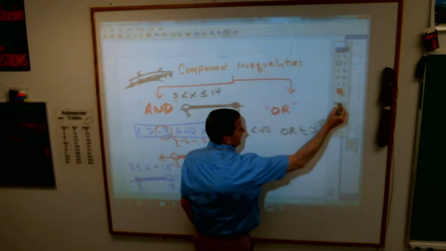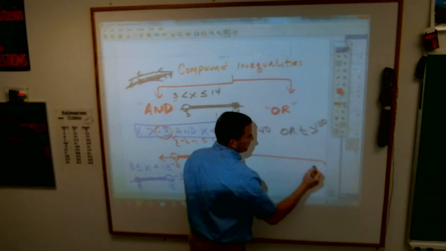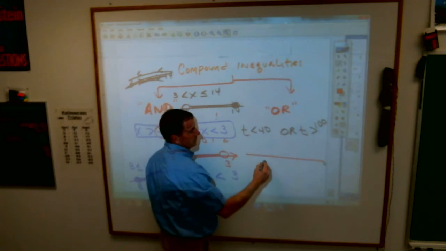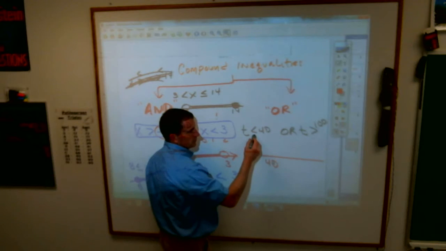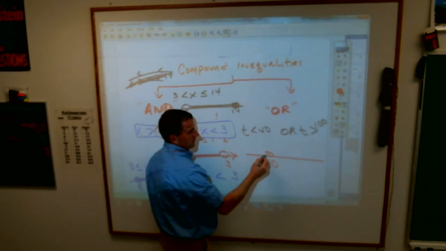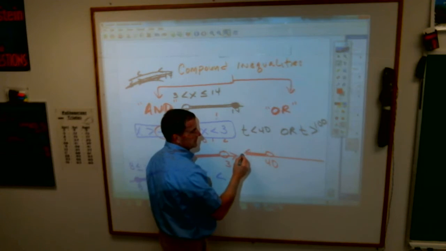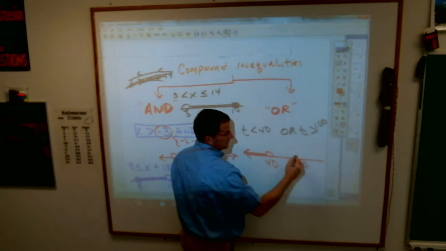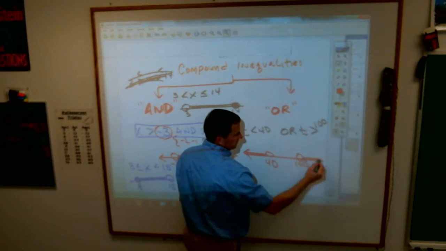That just looks like this. Because it's an or problem, either one of them can be true, they both don't have to be true. So here at 40, it's an open circle because it's not equal to it. Which way are the less than numbers going? This way. This is t is less than 40, or t is greater than 100.